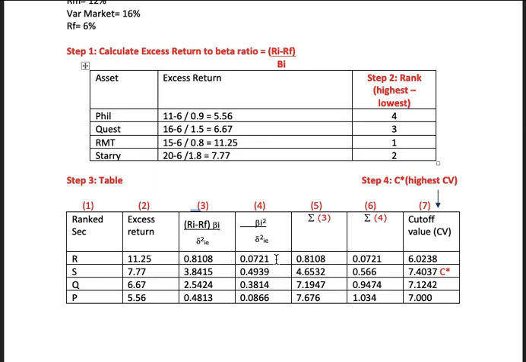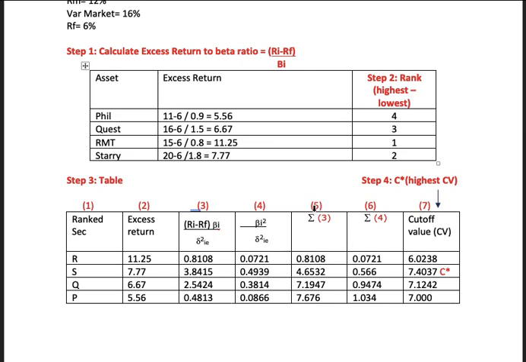You will get 0.0721. And for S, 0.4939, 0.3814, and the last one, you will get 0.0866. This one nampak simple, tapi you have to do it by your own, baru you nampak macam mana benda ni boleh dapat macam ni.